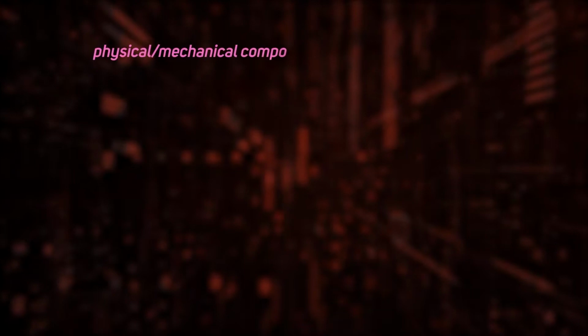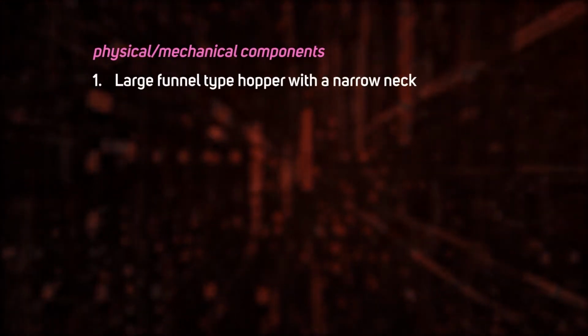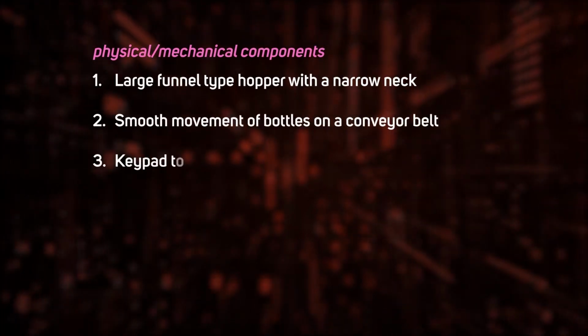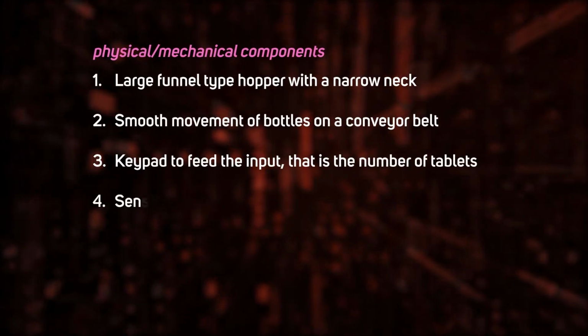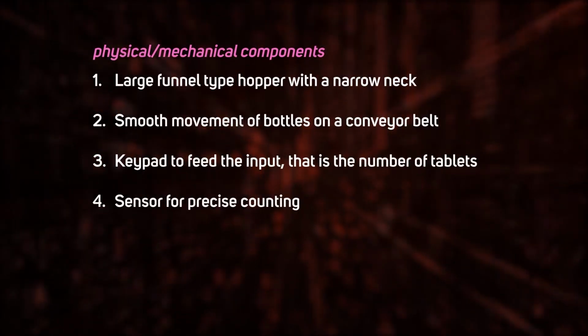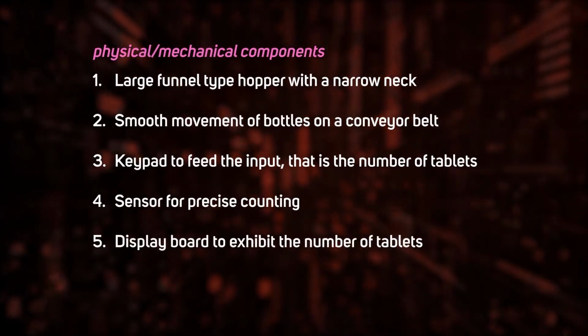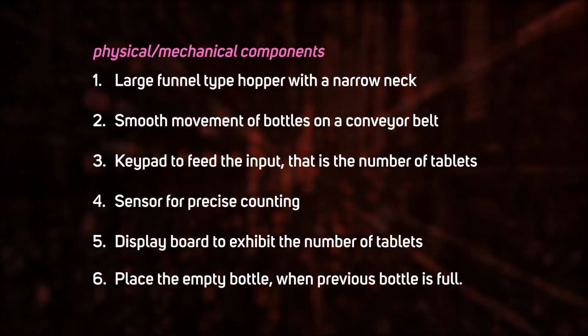To accomplish these functions, we need some physical or mechanical components. The components are a large funnel type hopper with a narrow neck, smooth movement of bottles on a conveyor belt, a keypad to feed the input, that is the number of tablets, a sensor for precise counting, a display board to exhibit the number of tablets, and a way to place the empty bottle when the previous bottle is full.